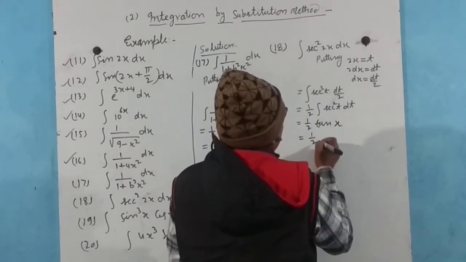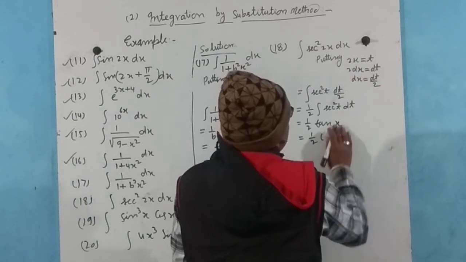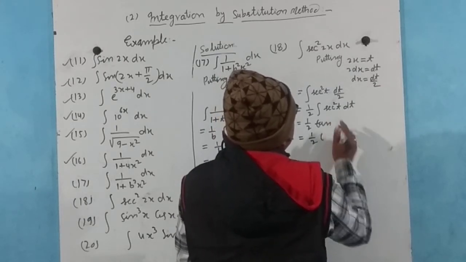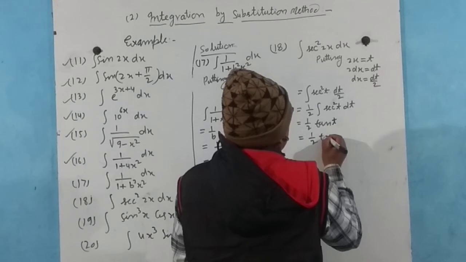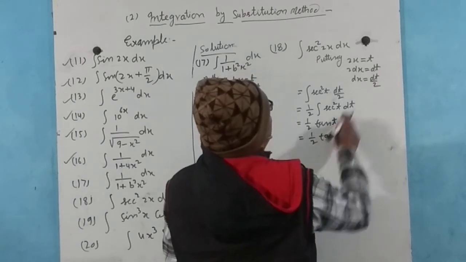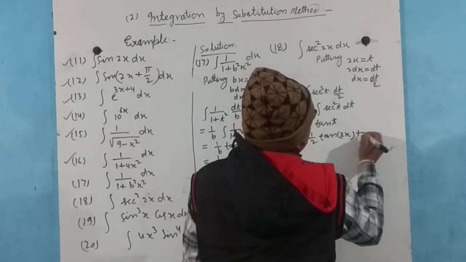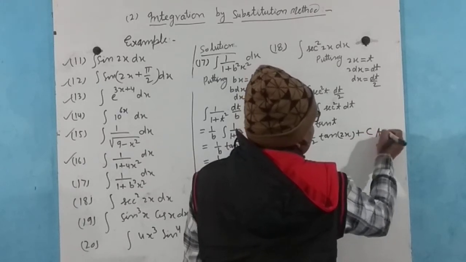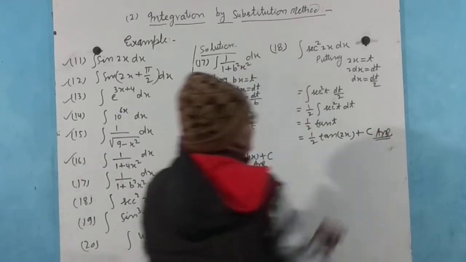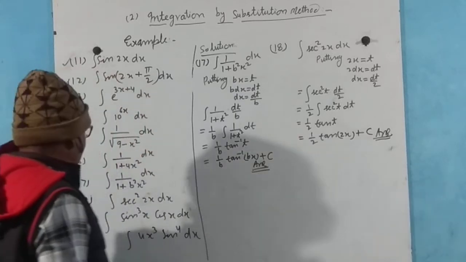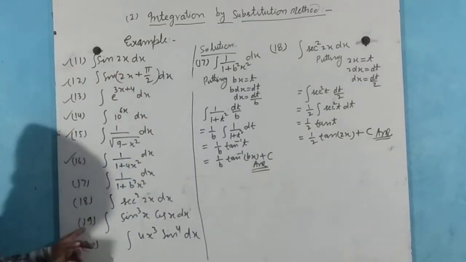It means that 1 by 2 tan t here, putting the value of t equal to 2x, plus integrating constant c here. Now question number 19.